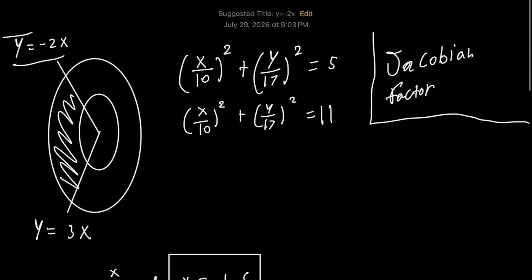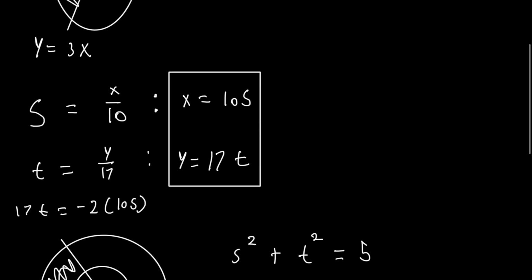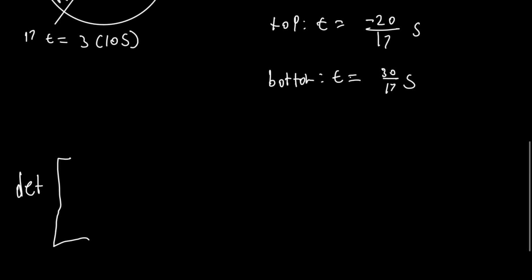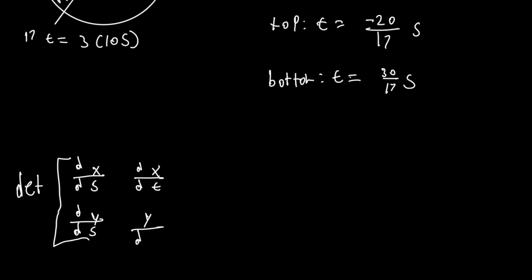When I say that, I mean we're going to take the determinant with x and y being our old variables, and you're taking the derivative of those with respect to the new ones, s and t. So what does it equal?